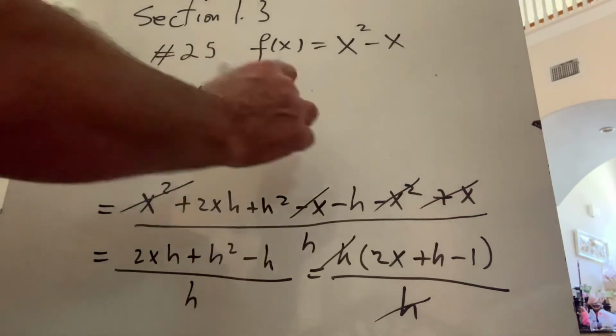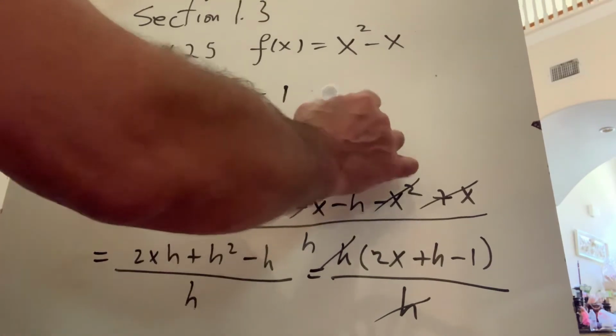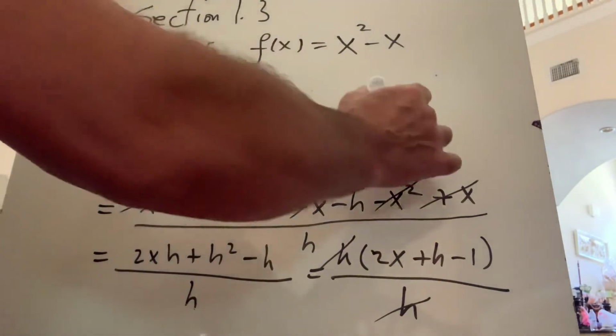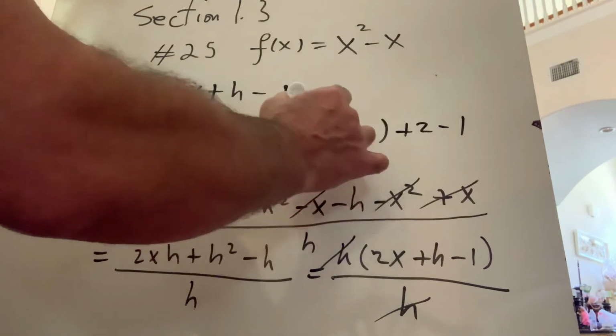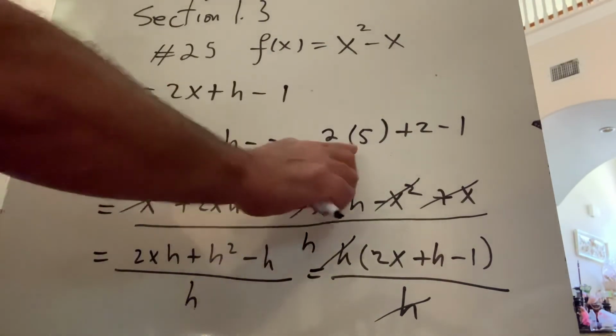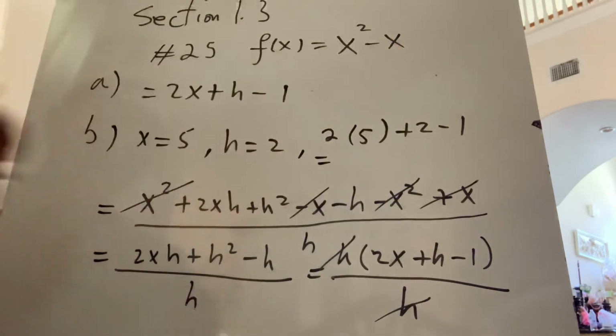To find that expression, we're going to plug in. So 2 times x, which of course is 5, plus h, which in this case is 2, and then minus 1. This is what we get for our difference quotient, because this is what we got. We plug in the x value, which is 5, and then the h, which is 2, and of course minus 1 is there.